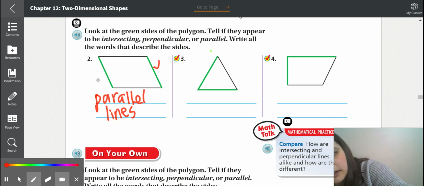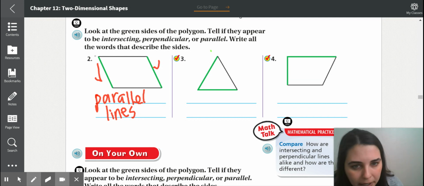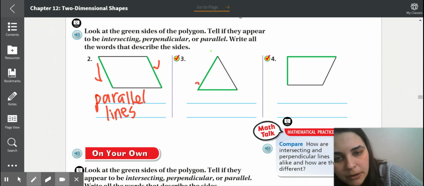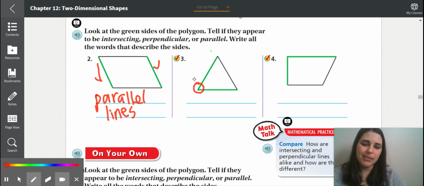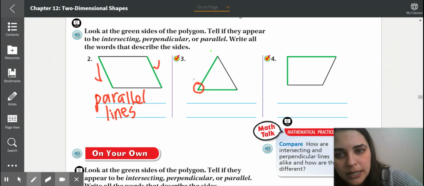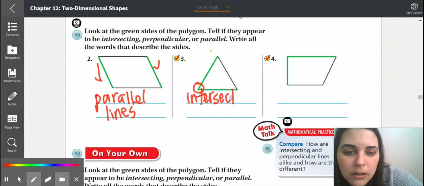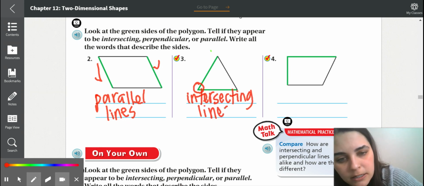So we're talking about the green lines. Okay, number 3, look at the green lines. We can already see that they meet. They meet right here and they make an angle. Is it a right angle? No. So these would be intersecting lines.